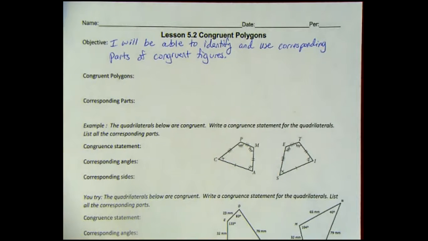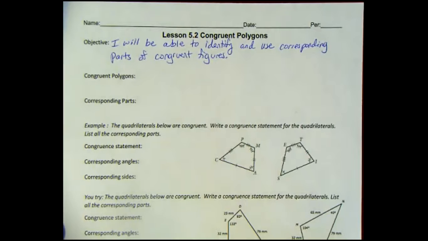And then we're going to extend it into algebra: if you know that two angles are congruent, how can you use that to set up an equation? If you know two sides are congruent, how can you use that to set up an equation? But the first and important thing is to be able to identify which parts are congruent.